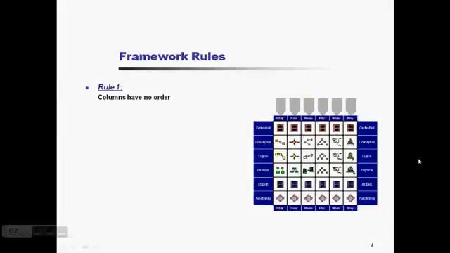Rule 1 is that the columns have no order. Order implies priorities and creates a bias towards one aspect at the expense of the other. In this framework, all columns are equally important because all are abstractions of the same enterprise. So therefore, rule 1 is that columns have no order.